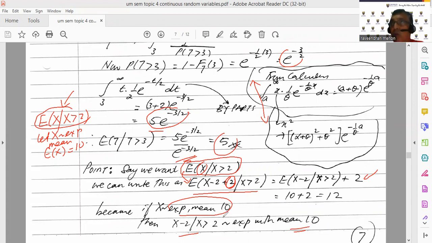If X is exponential with mean 10, then X minus 2 given X bigger than 2 is also exponential with mean 10. So there you go. This thing here, the mean is 10, okay? And so we have 10 plus this number here, which is 2. You will get the answer 12.